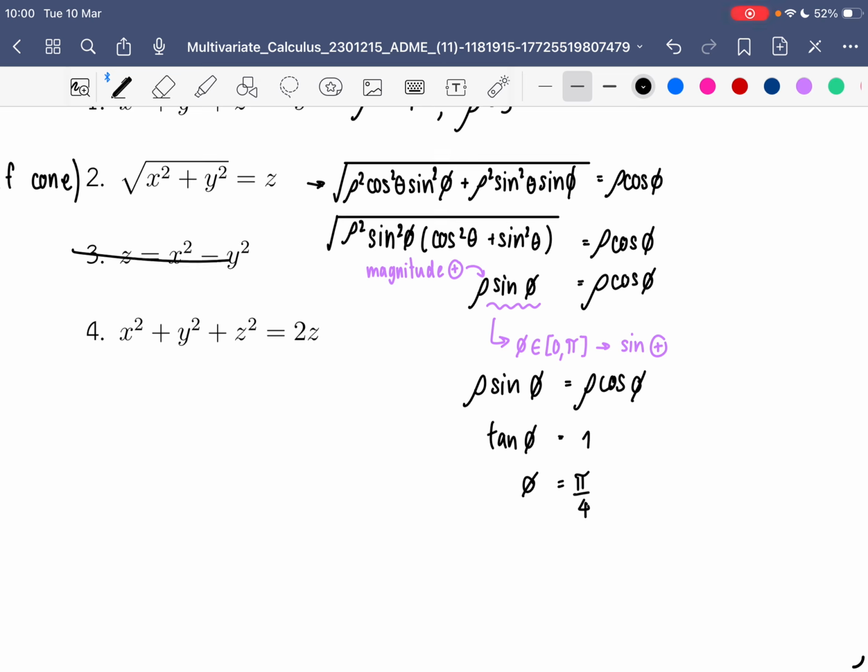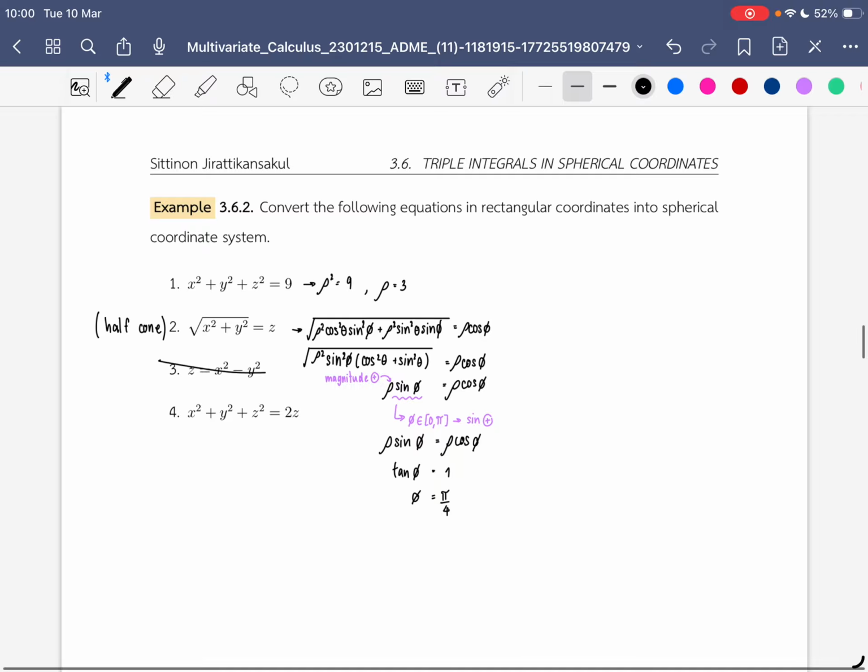These are mostly what we're going to deal with, and planes, of course. So for number 4, I changed the left-hand side to rho squared, right? The right-hand side is rho cos phi. This you change to 2 equals rho cos phi.